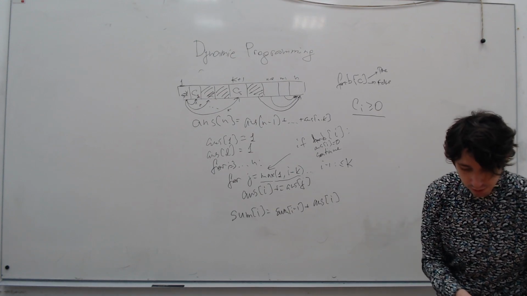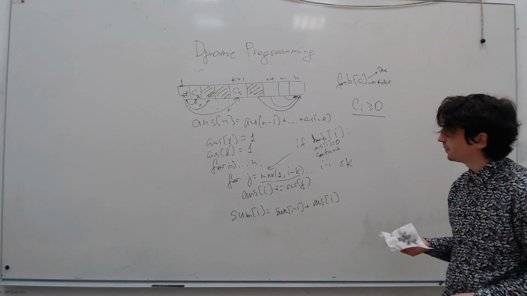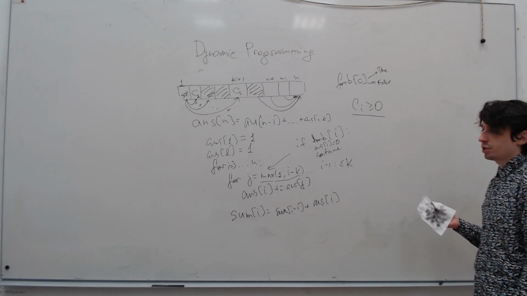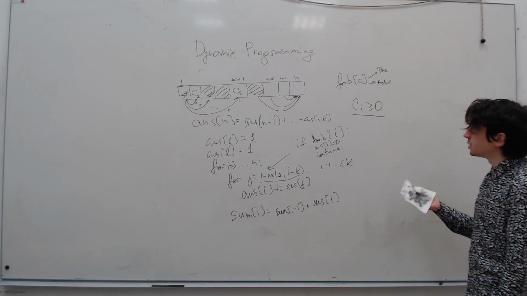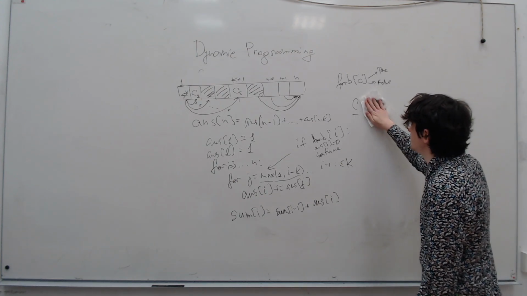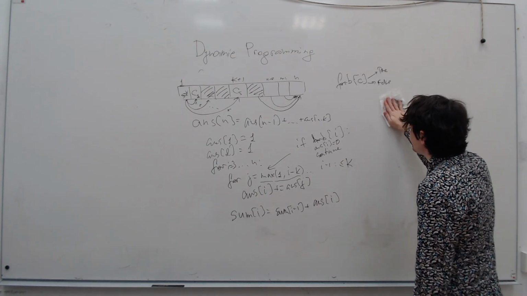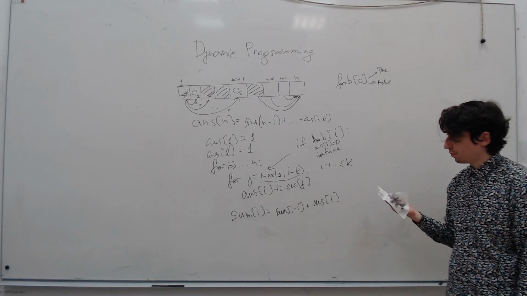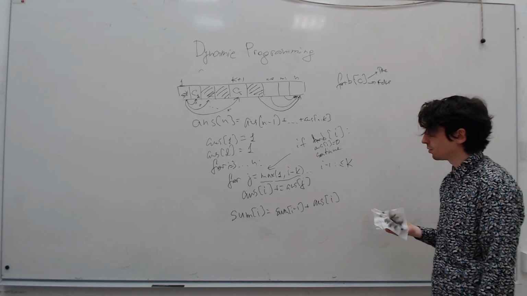Okay, but our life is not very easy, and sometimes the grasshopper has to pay some amount of money. So if Ci is less than 0, then he will pay some amount of money.